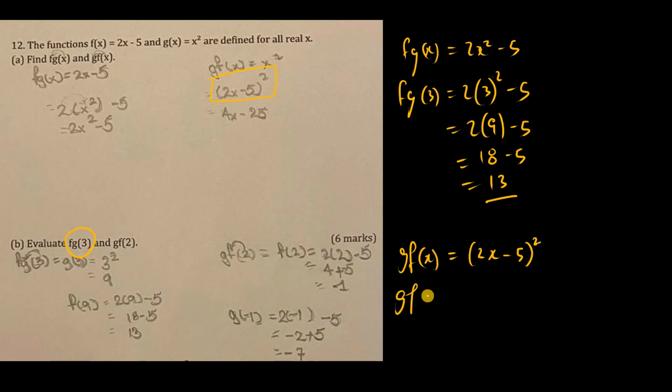So we can write g of f of 2 as 2 times 2 minus 5, squared. 2 times 2 is 4, minus 5 squared. 4 minus 5 is negative 1, squared, which is negative 1 times negative 1, which is 1. So that's our solution.